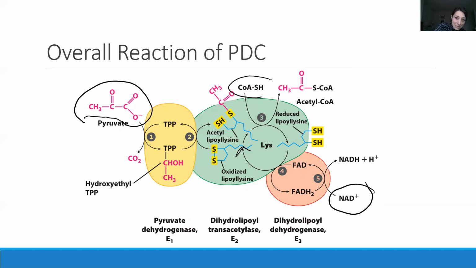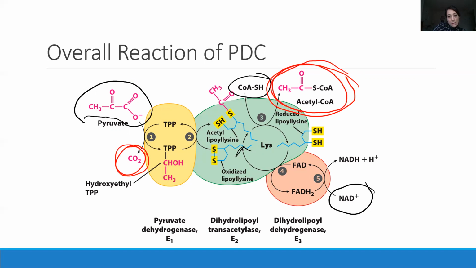We're adding in a coenzyme A. Adding in a pyruvate, adding in a coenzyme A, adding in an NAD+. And what we're going to generate instead is our acetyl-CoA product, a CO2, which goes off and is released, and an NADH.